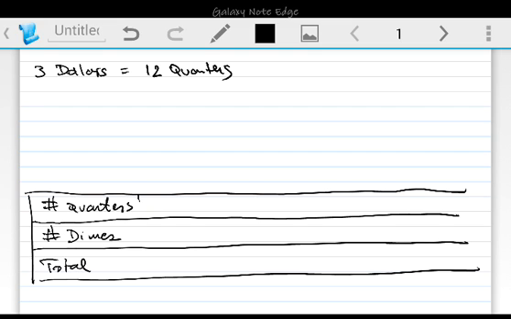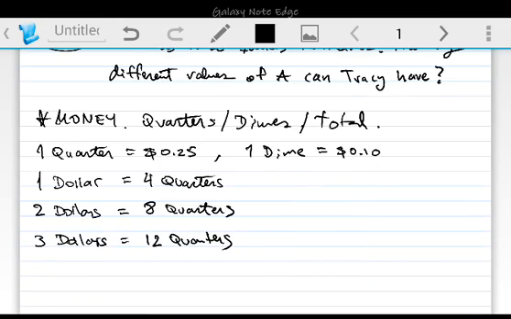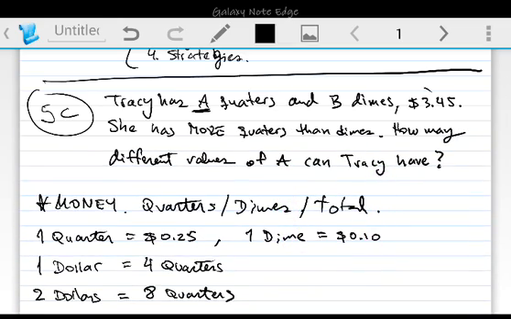So let's see if we can do this. Now, let's go back here and look at the total. We know the total is $3.45.